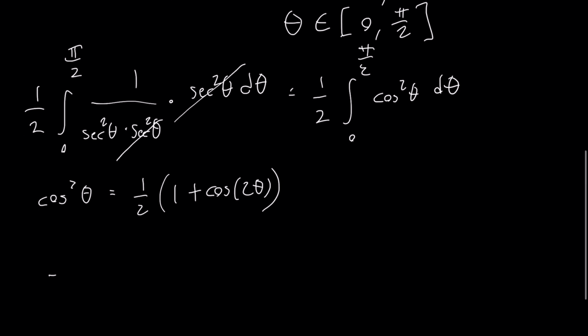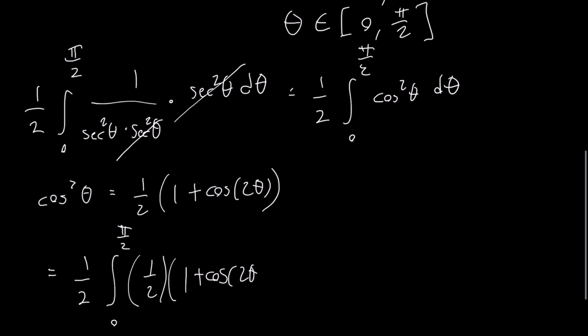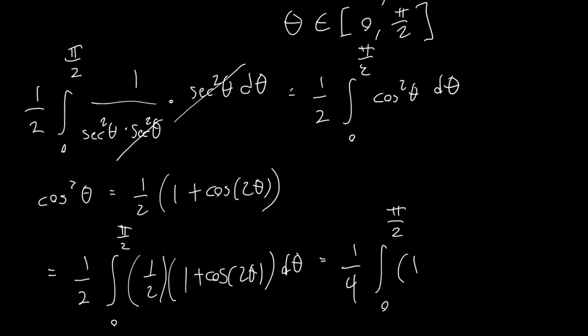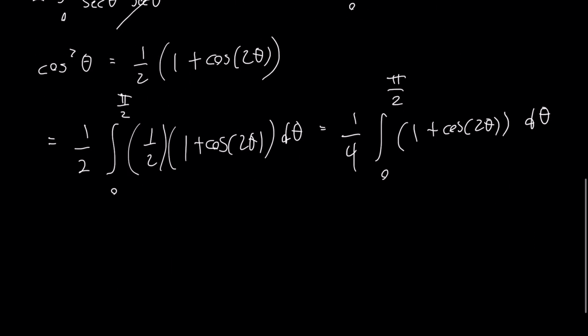So we have 1/2 the integral from 0 to pi over 2 of 1/2 times (1 plus cosine 2 theta) d theta. We could bring down the 1/2, and we have 1/4 the integral from 0 to pi over 2 of 1 plus cosine 2 theta d theta.